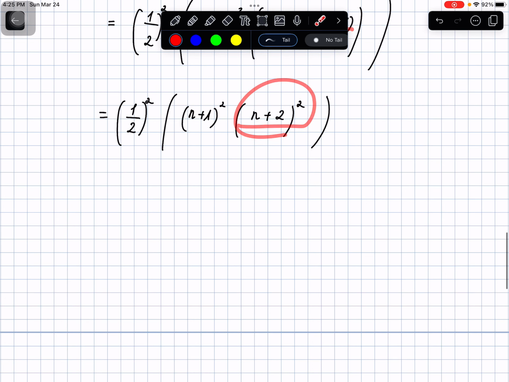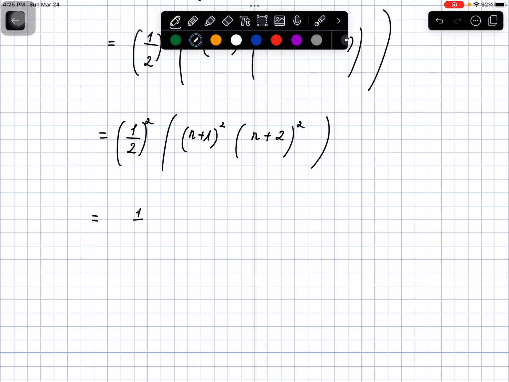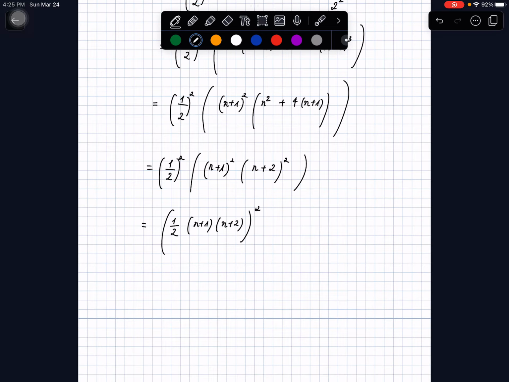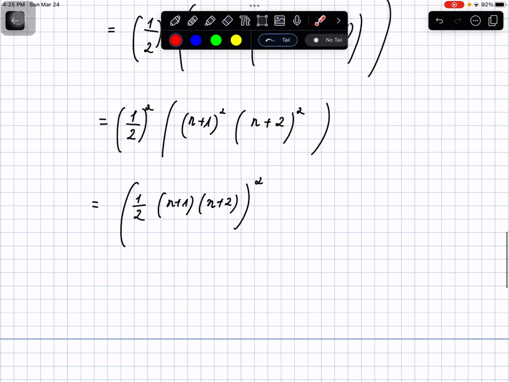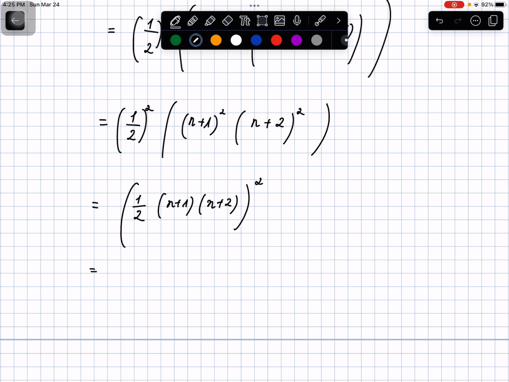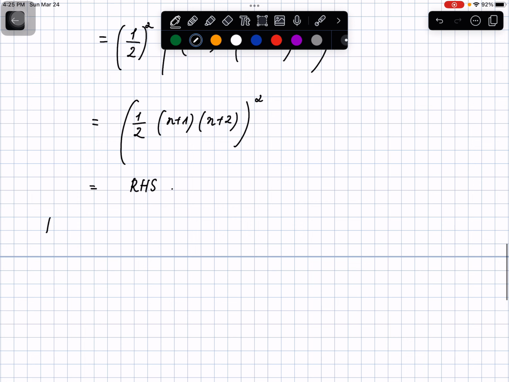This is done. So this means that this is 1 over 2 times n plus 1 times n plus 2, all squared. So this is exactly the same as the right hand side of p of n plus 1, and therefore p of n plus 1 is true.